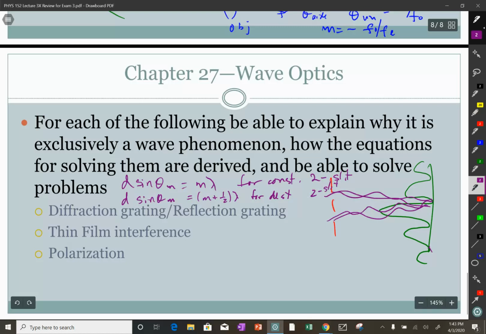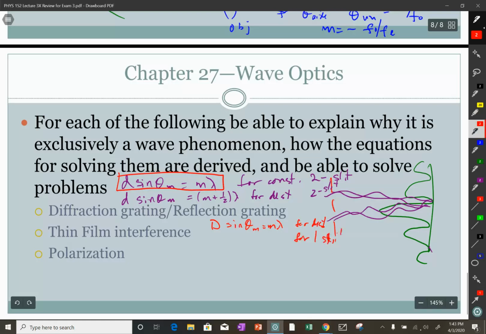But what about the single slit? Well, the single slit was a lot more confusing, but for the single slit, we just had a destructive equation, and it turns out that it looks very similar to that. Capital D being the width of the slit, D sine theta m equals m lambda for destructive for one slit.